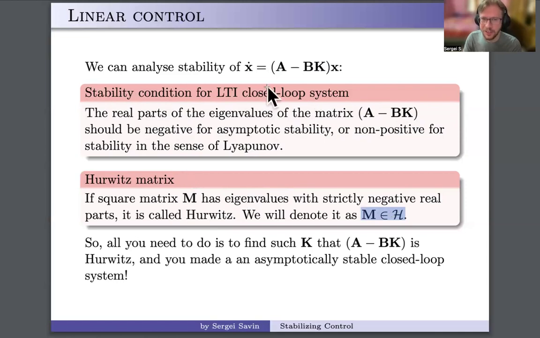Now, this stability condition becomes very simple: A minus BK is Hurwitz. That is the criterion for asymptotic stability. Now we can formulate the task of finding K. You remember a couple of slides ago we had this definition of stabilizing control. One second, let me go back.